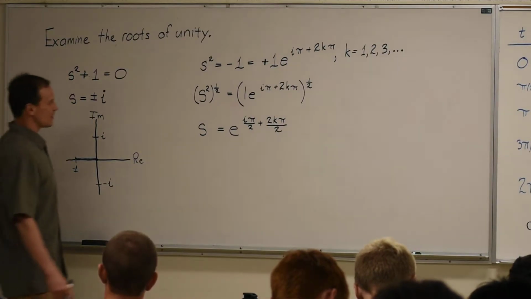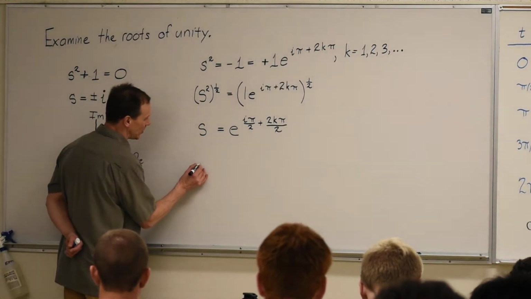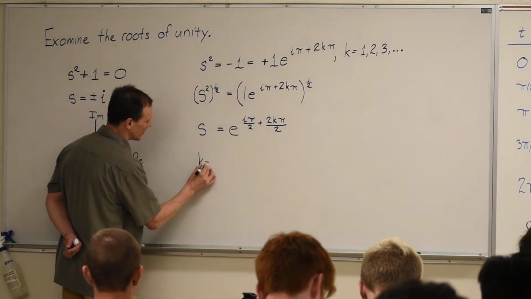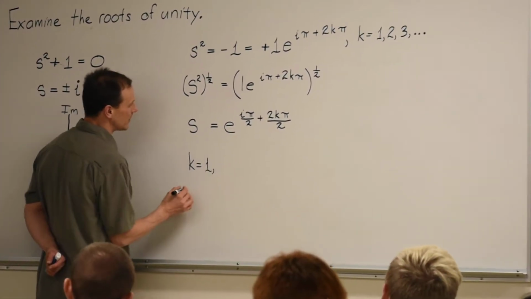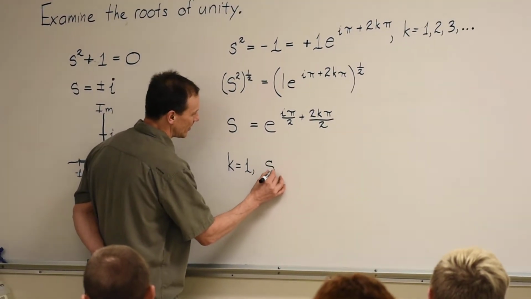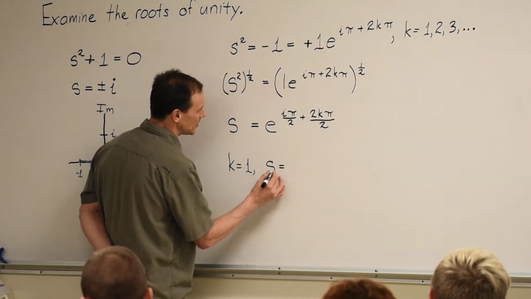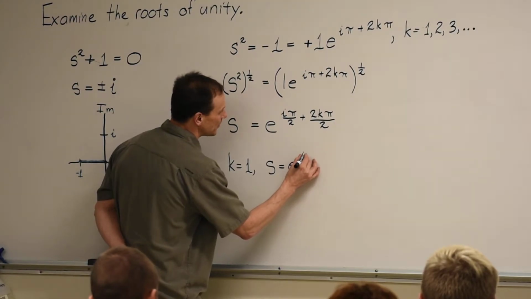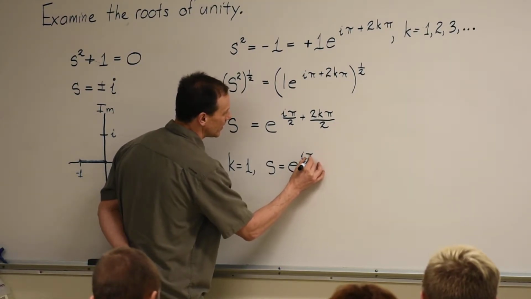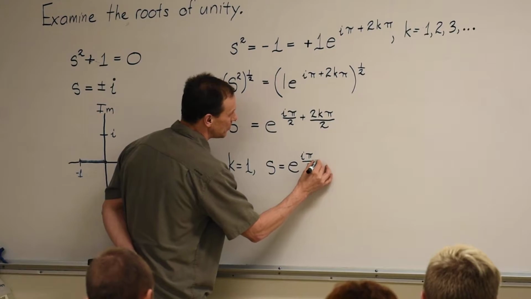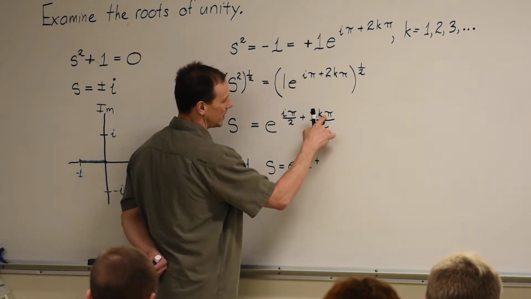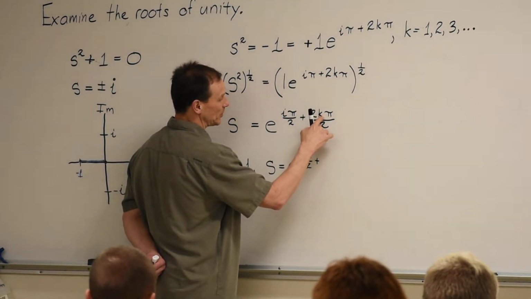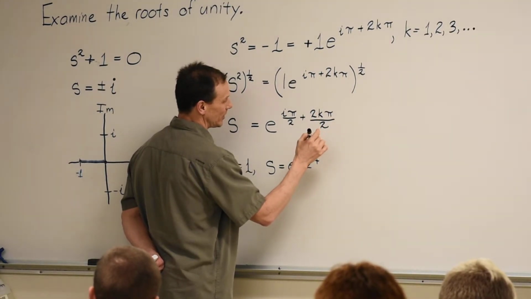Okay, so let's try this. When k is 1, then s is equal to e^(i(π/2 + 2π/2)). This is a 1, so that's going to be 2 times 1, that's 2, 2 divided by 2, that's 1.